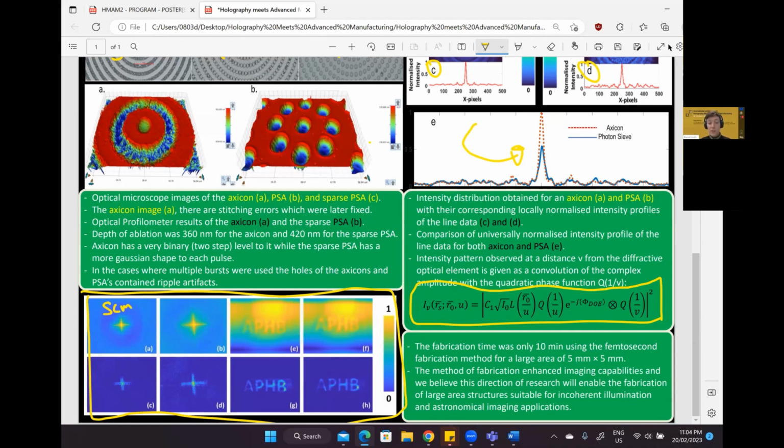Then, to clean the noisy images, we used a nonlinear noise filter to get the images C and D. We then performed synthetic imaging with the letters A, P, H, and B, again at 5 centimeters and 6 centimeters, and again applied the nonlinear noise filter. What you'll notice, and what's really important, is that the synthetic imaging and the real-life laboratory images are almost exactly the same, which is really good.